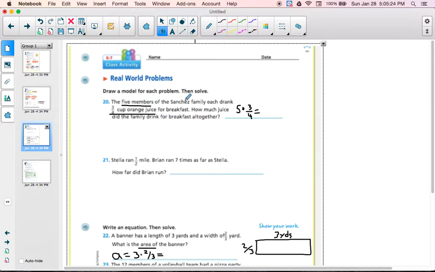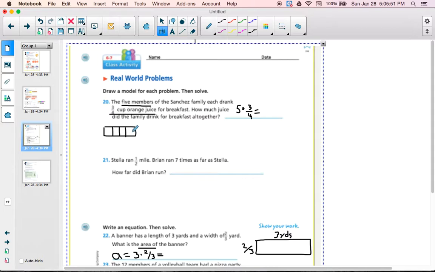5 members of the Sanchez family each drank 3/4 cup orange juice for breakfast. How much juice did the family drink for breakfast altogether? There's 5 members, each one of them drank 3/4. Denominator is super important, tells me, hey, you need to divide the fraction bar up into fourths.